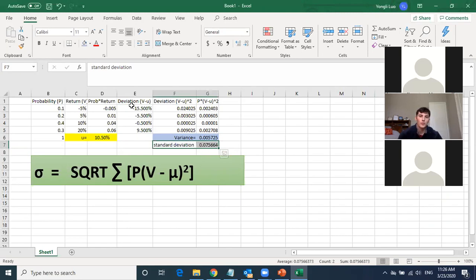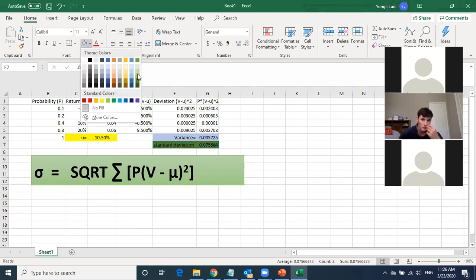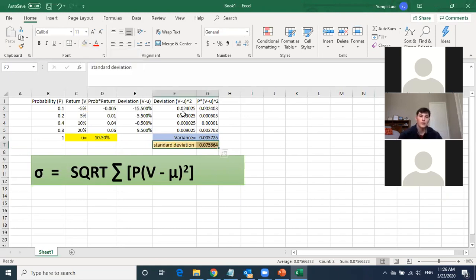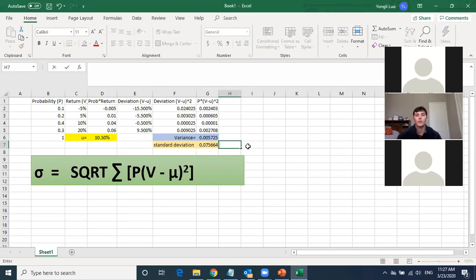Okay, so the standard deviation is the measure of the risk. The risk is 0.0756, and the expected return is 10.5.